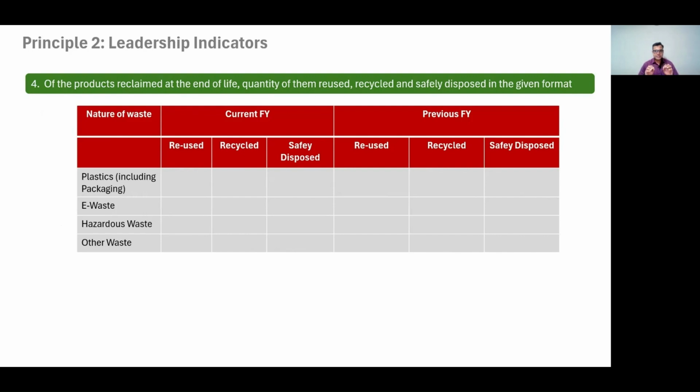Basically here the companies have to disclose how much of the EPR credits they have purchased for reused plastic, recycled plastic, safely disposed plastic, or reused e-waste, recycled e-waste, or safely disposed e-waste. Because today, this is the most prevalent method on the ground of how companies are managing their wastes.